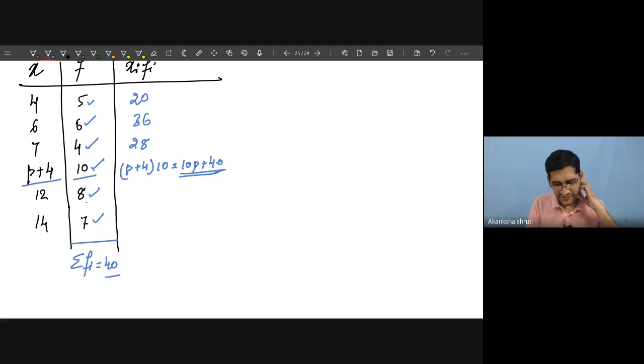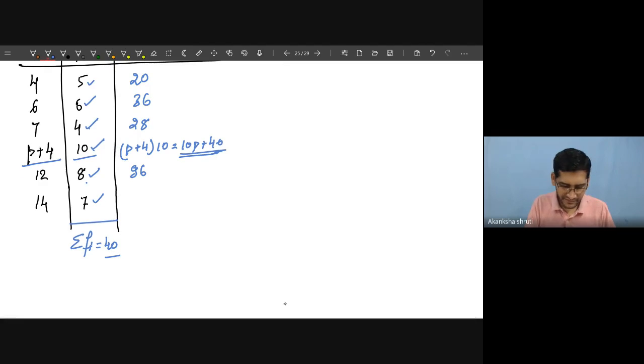Next one is 12 into 8, 96. Then 14 into 7. How much is this?